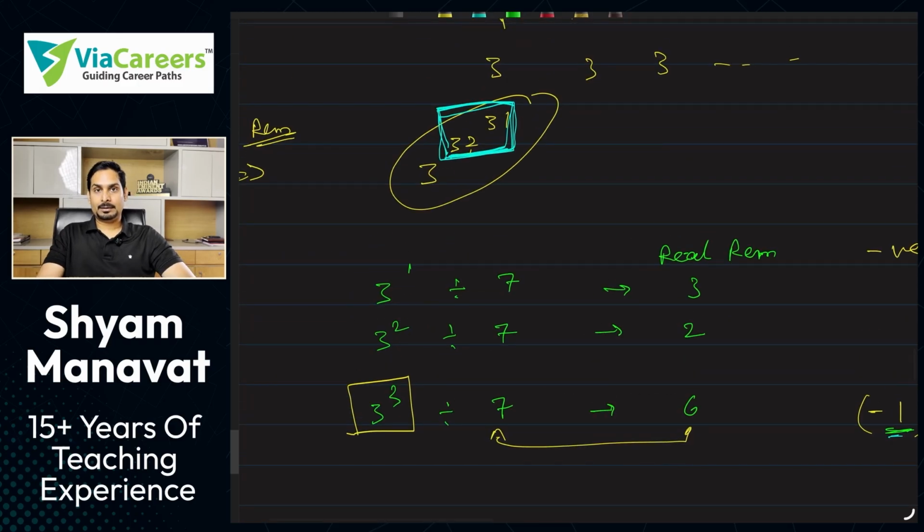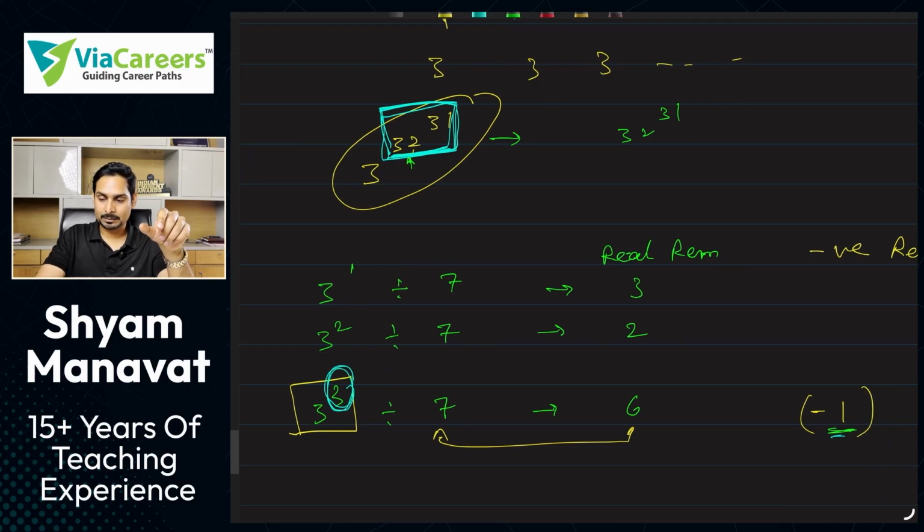Now, should I take it forward? Yes. What we need to remember is that when we write this 32 to the power 31 as a power, I want to make use of this power 3, because 3 cube gives you minus 1.